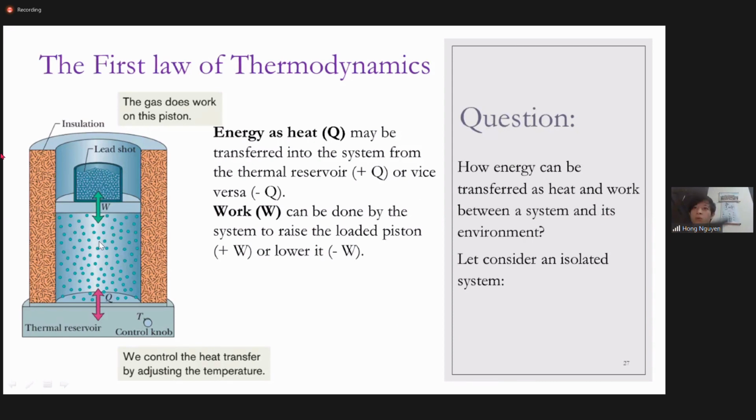When the piston goes up, then we say that we have a positive work. This is the agreement, this is the convention. And when we lower the piston, we have a negative work.